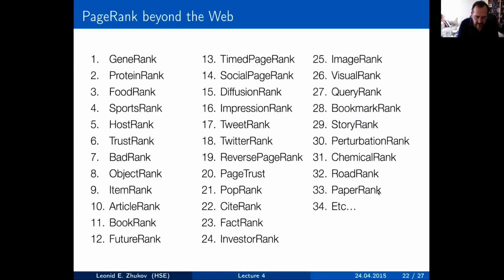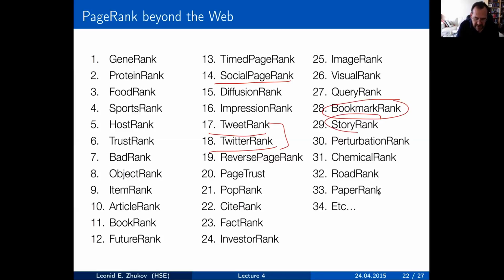For example, there's TweetRank, or Twitter rank: you take a Twitter graph and rank tweets based on this graph. Social PageRank: you can take Facebook, a social network, and rank all the people based on their connectivity patterns. Bookmark rank, here are your bookmarks.